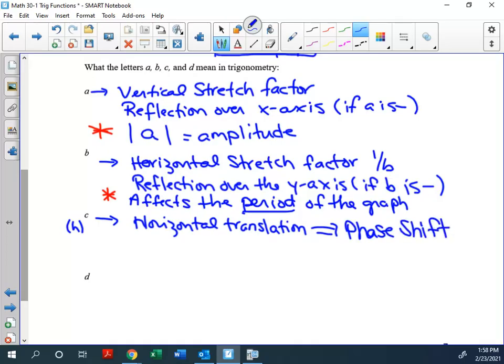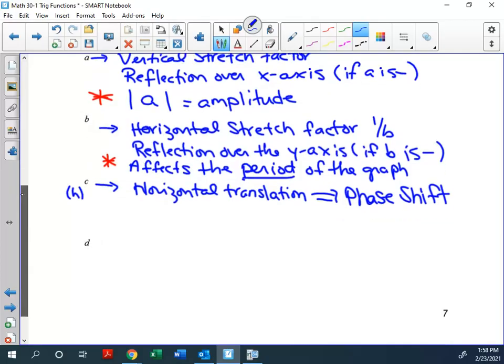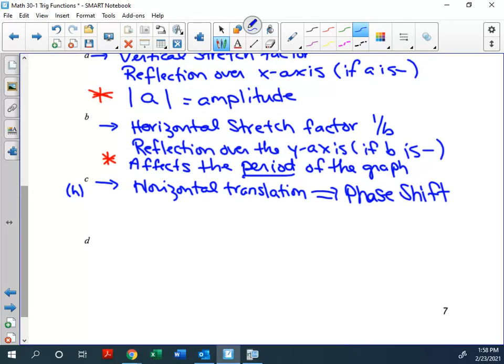And again, thank goodness you guys aren't writing the diploma, but when I was marking a trig equation on the diploma, if they didn't put phase shift, we couldn't give them full marks. So you couldn't just say pi over 3 left. A phase shift of pi over 3 left became a critical piece of information. So the language changes just a little bit. So phase shift is the important thing to recognize.